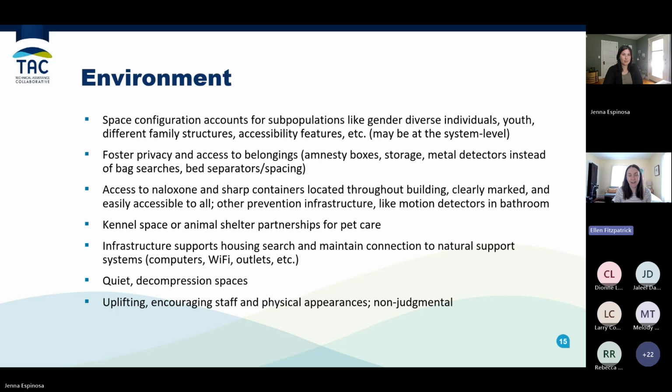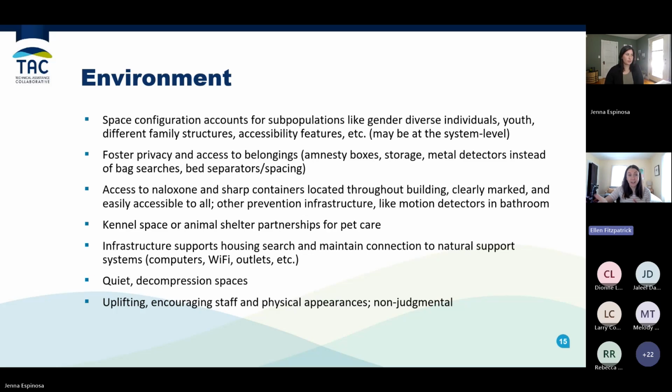And thinking about it now, and this was many years ago, it's like, holy cow, how were they expected to be doing any kind of housing search work or maintaining service connectivity, staying on top of appointments, contacting landlords if they couldn't use their cell phone from 4 p.m. to 7 a.m.? So making sure people have places to charge them, to be able to use computers, access to Wi-Fi, et cetera, to be able to do all of those things that we want them to be doing, right, to move on from shelter.